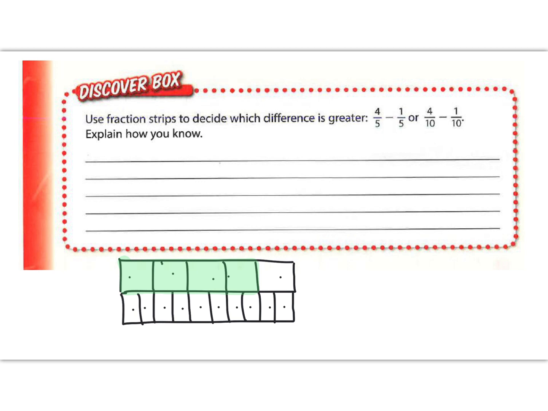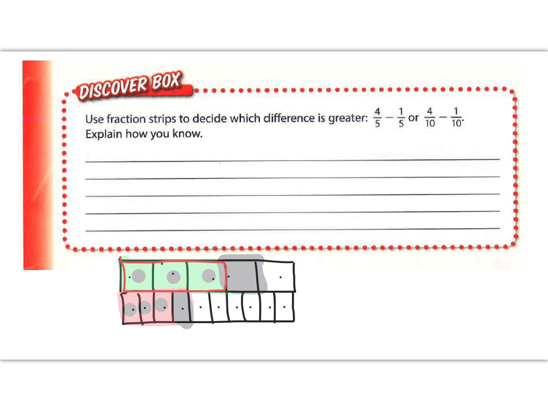and then we have minus, I'm going to just cross it off so that I don't erase everything, minus 1/5. So that one doesn't count. We're taking away. So now we are left with 1, 2, 3/5. And then if we have 4/10, so 1, 2, 3, 4, and if we take away 1/10, take away this one, well, we can see that we have 3/10 left over, but we can easily see that the fifths are much bigger pieces.